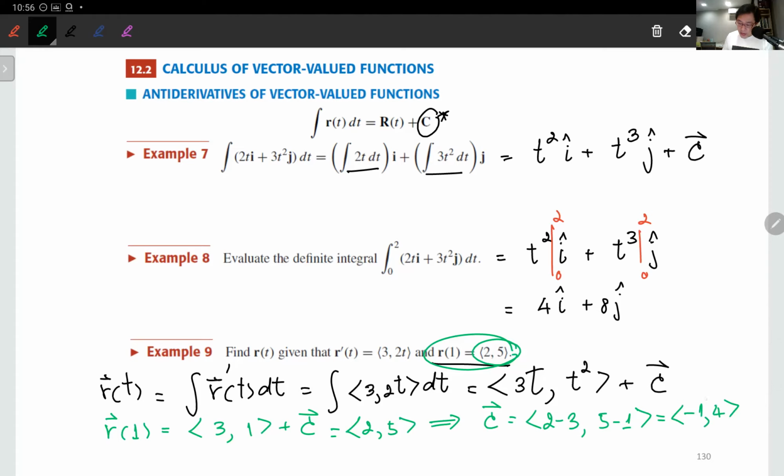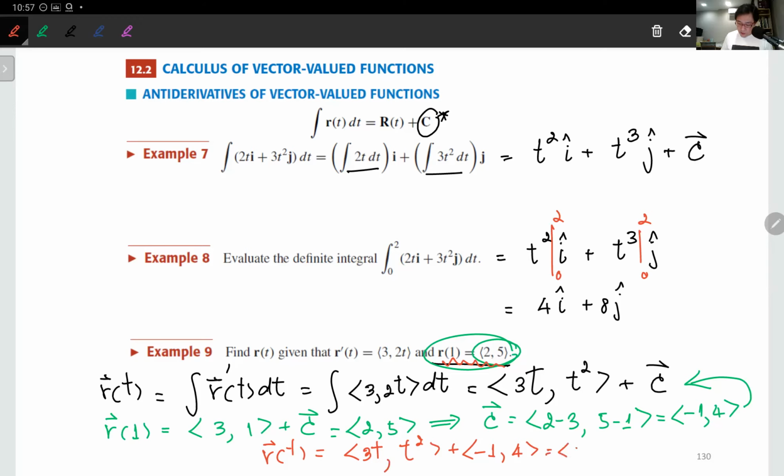Wow. And that's it. I can just plug this thing back in here. So my grand conclusion is r at any parameter value t is going to be <3t, t squared> plus my vector c that has already been evaluated using the information given right here. And that's it. I'm done. Oh, I think I'm supposed to put it in component form here. There you go.